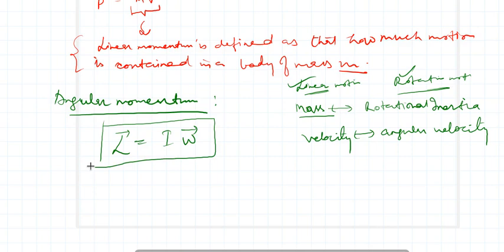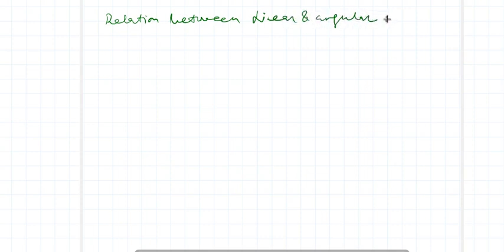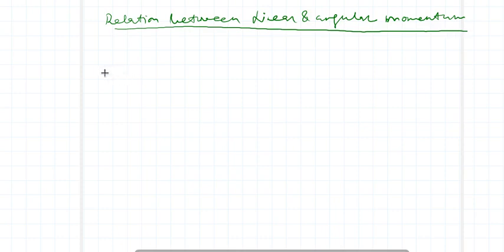Now we have to find the relationship between the linear and the angular momentum, how they are related to each other. So let me find the relation between linear and angular momentum. This is again from the geometrical representation.